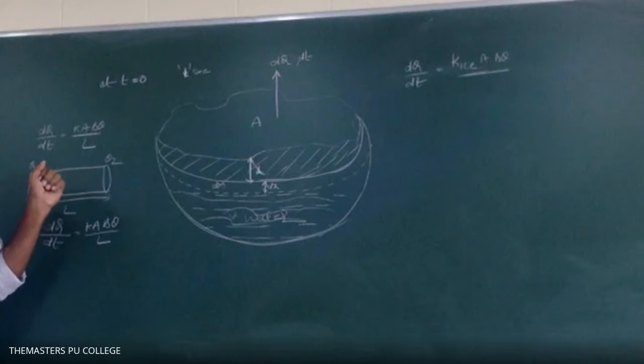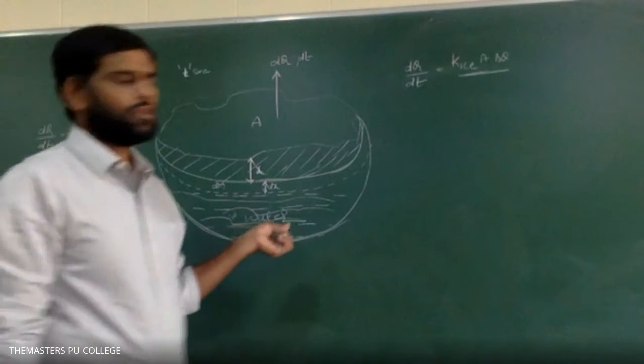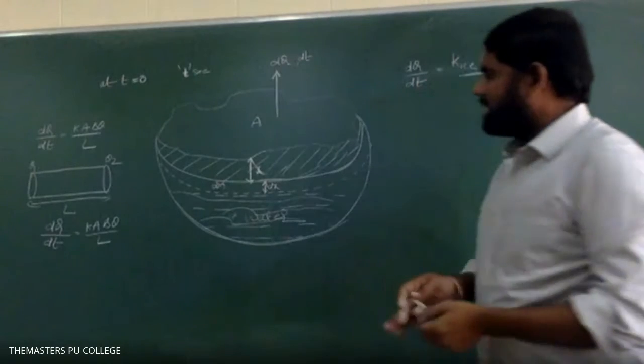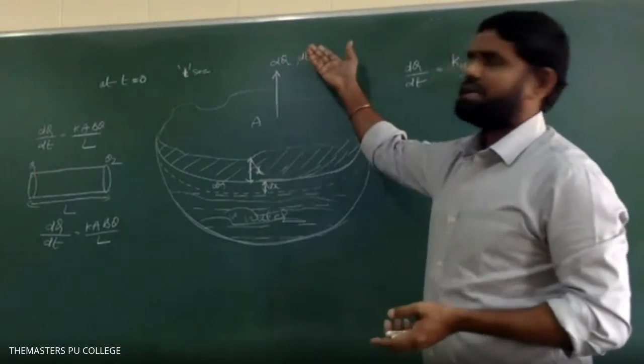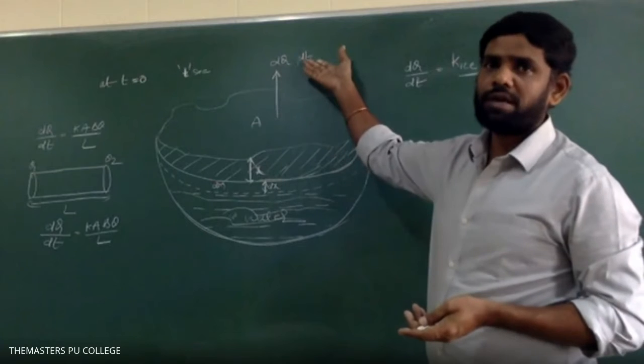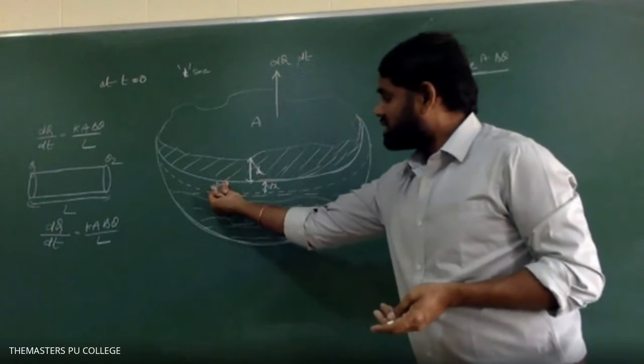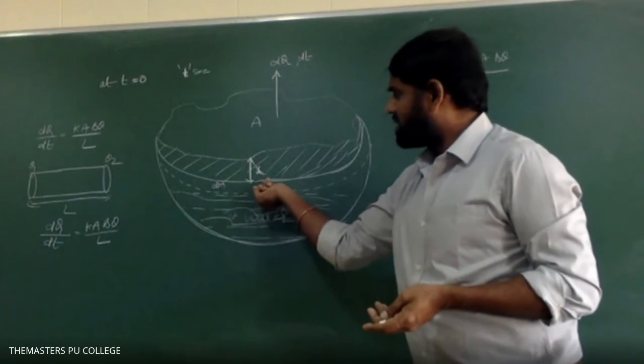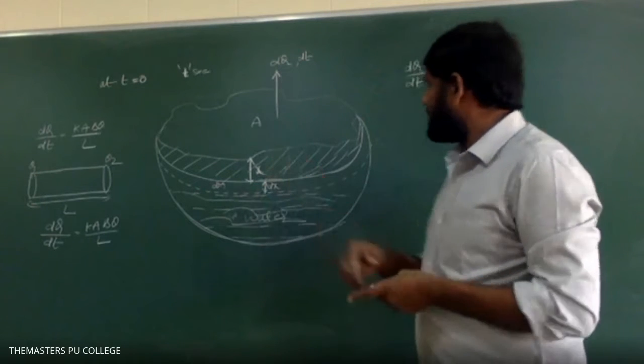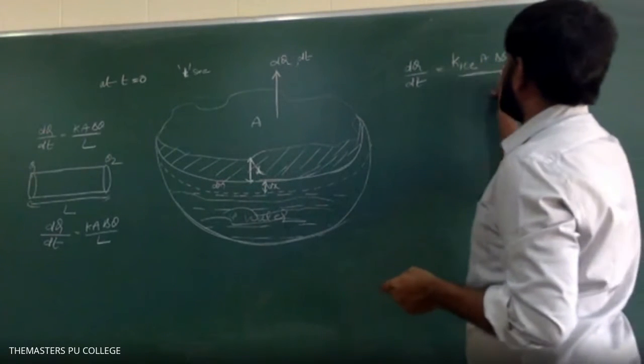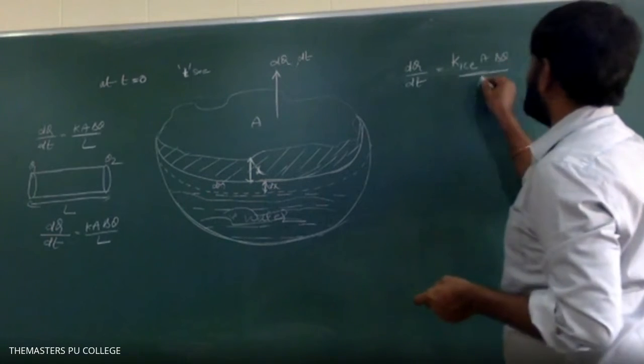So similarly here, what should I write? X. That's it, X only. So the thickness increases by dx after the heat is lost. After losing the heat, this water freezes into ice, so the ice layer thickness increases by dx. That's why K of ice into x.